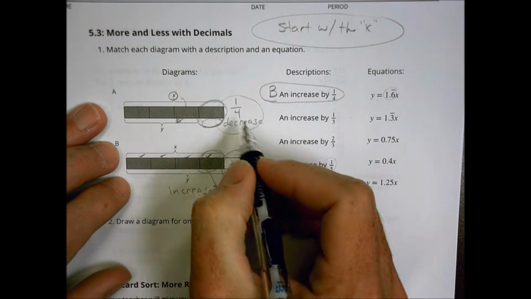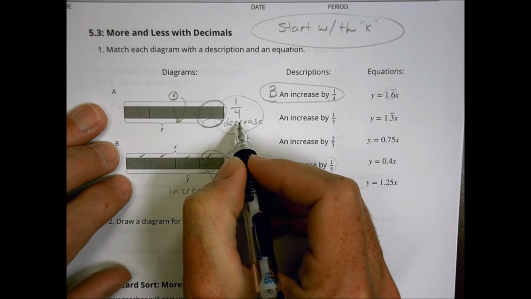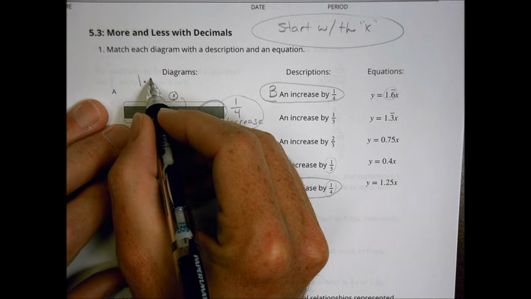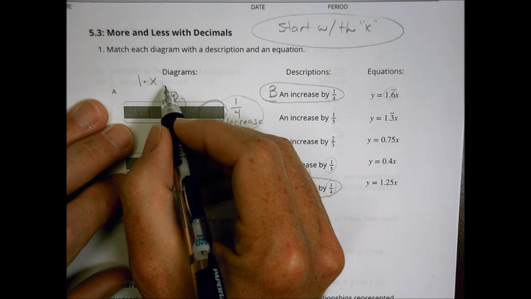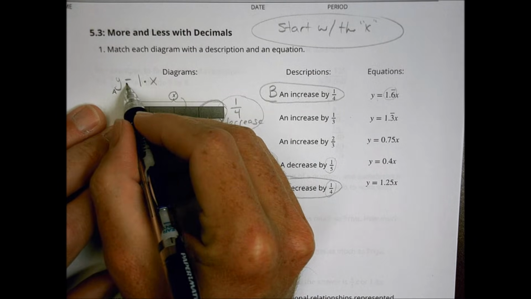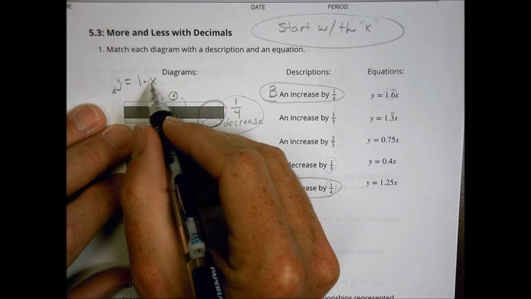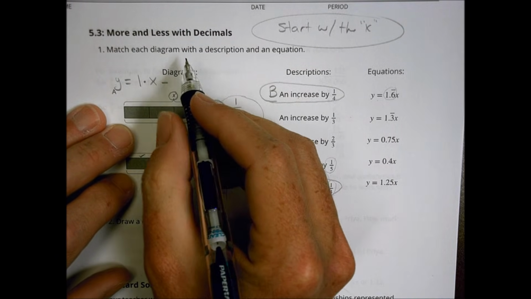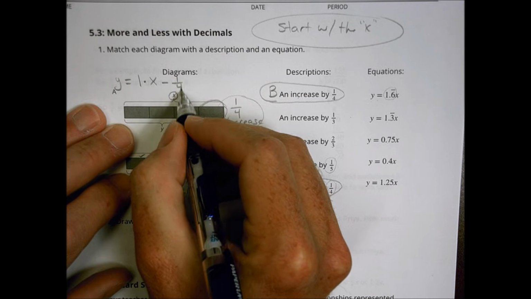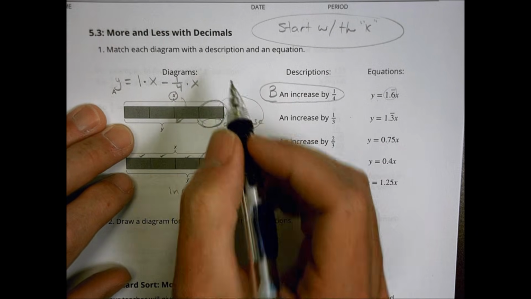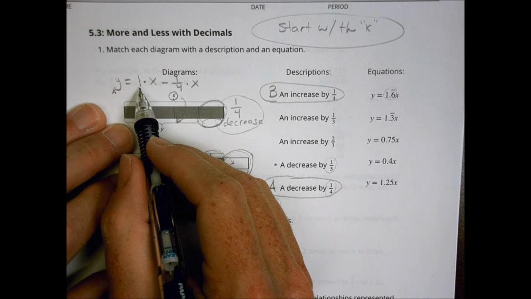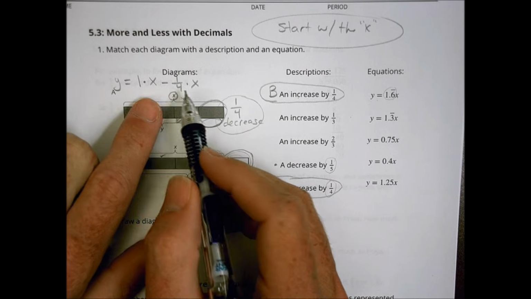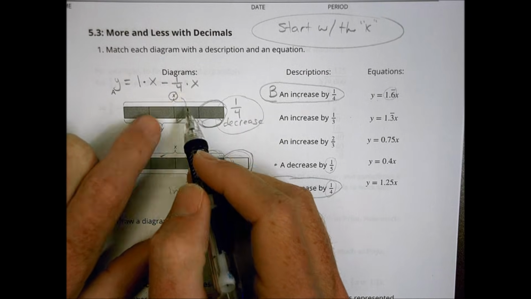lesson. If this is a decrease of 1/4, what we're saying is that initially I had one x, and then for the y value, I have a whole x and I'm going to decrease by 1/4 of an x. That's my setup: my original 1 times x, the whole x, and I'm going to subtract from that whole x 1/4 of x.